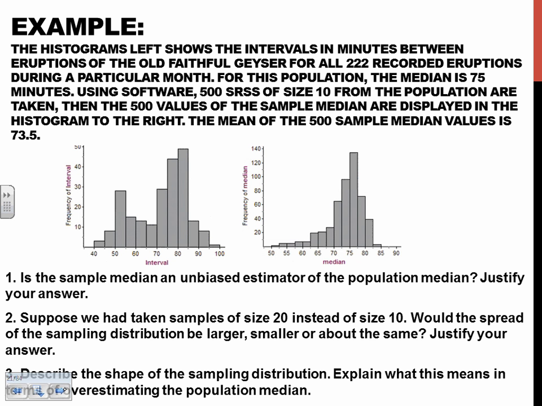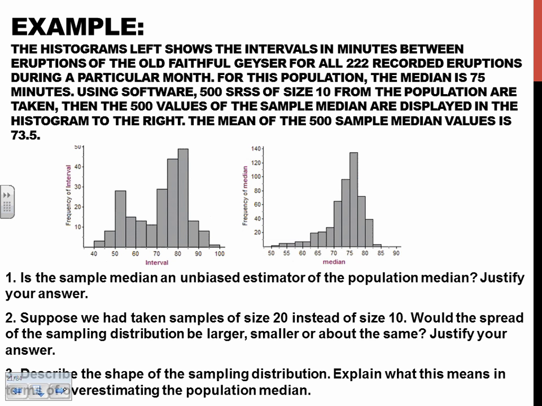And 3, describe the shape of the sampling distribution. Explain what this means in terms of overestimating the population median. So here I can see that this is definitely going to be what? Skewed left.